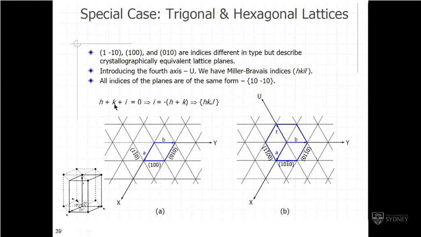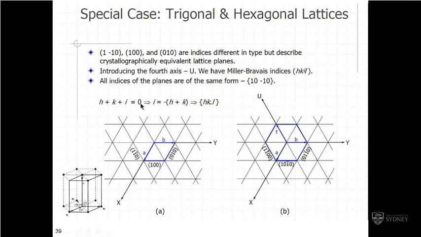This is the new one, i, which will go in here. You'll have 4 indices, h, k, i, and l for a hexagonal lattice. And you'll figure out what value the i has by this equation: h plus k plus i has to be 0.